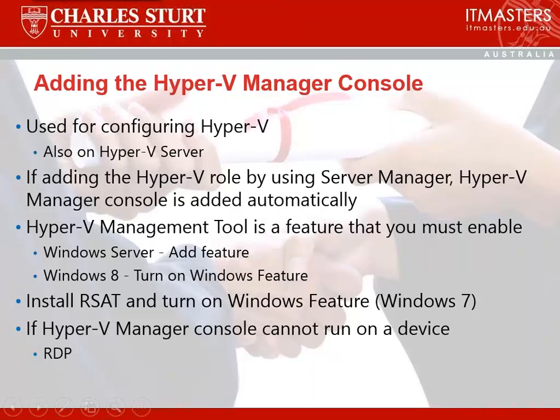Just go to Bing or your favorite search engine, type RSAT, and it will take you to the Microsoft website where you can download this. This will help you manage Hyper-V from Windows 7, but not run the Hyper-V client on Windows 7, okay? Don't get mixed up.